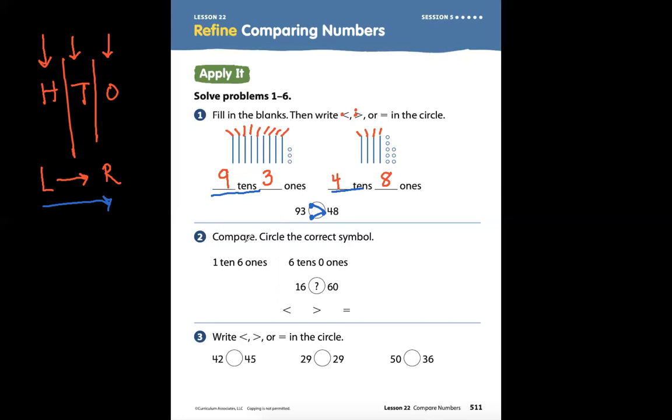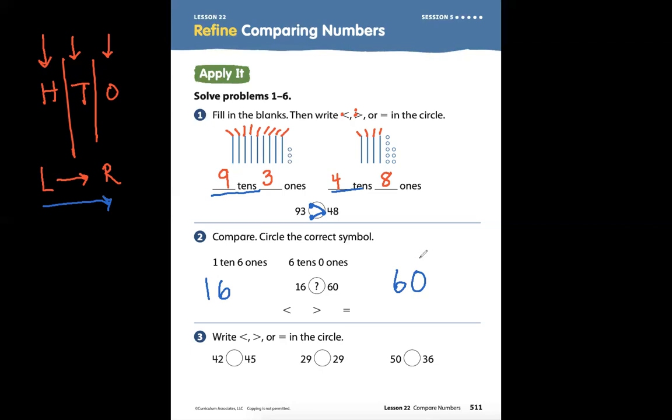Problem number 2, compare. Circle the correct symbol. 1 ten and 6 ones, 16. And here we have 6 tens and 0 ones, 60.